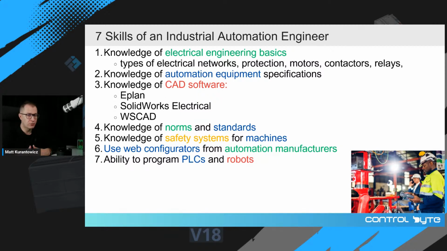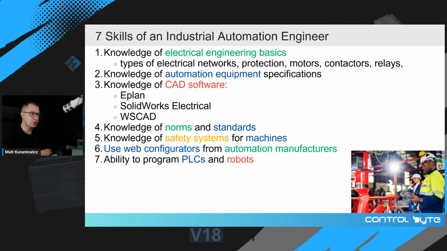If you want to be an industrial automation programmer, you need to know how to read electrical schematics. And in our course, we show you how to read electrical schematics, how to use that in practice. We'll send you a PDF file of electrical schematic, and you will analyze that.